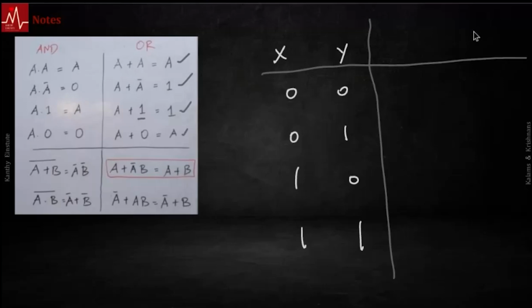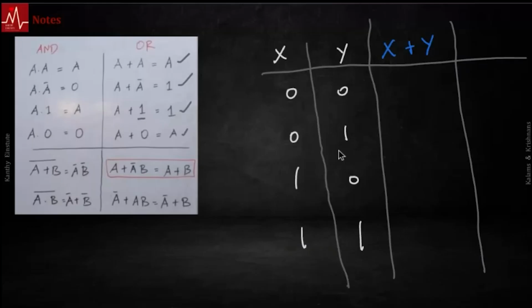And then you have at least the OR and AND, right? The OR, X or Y. Most of you know this. If either one is positive, you get a 1. 1,1: either one is positive, it's 1. In this case neither is 1, and that's the only case you get a 0.